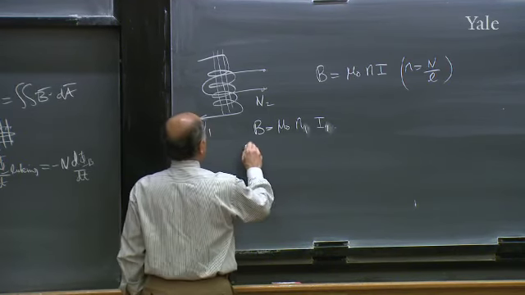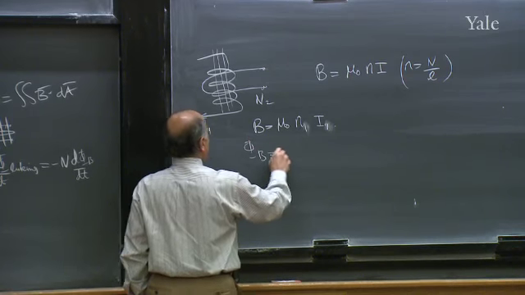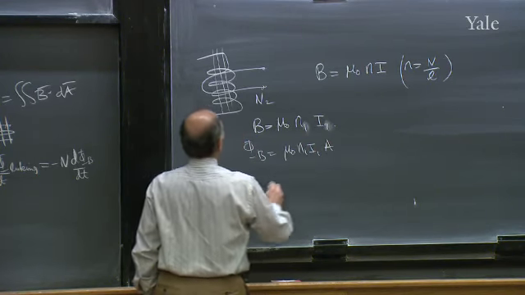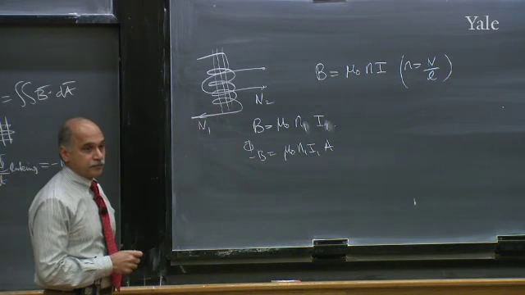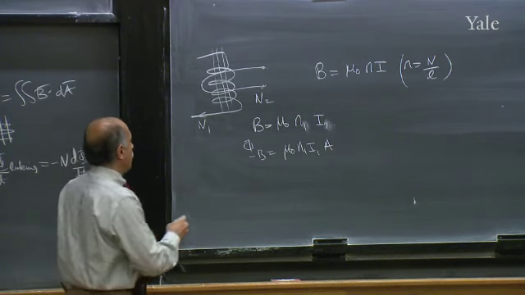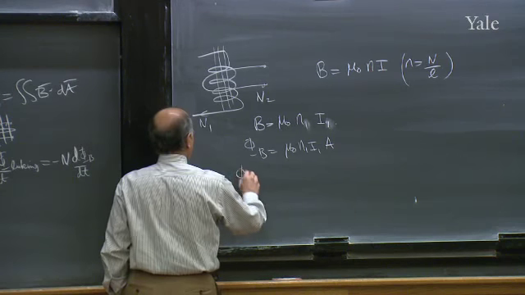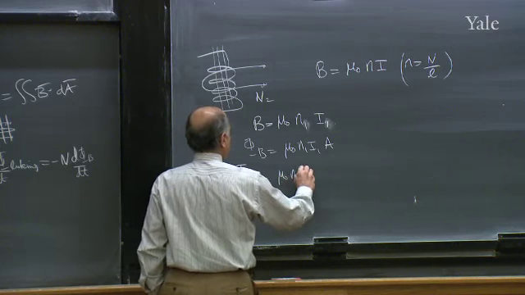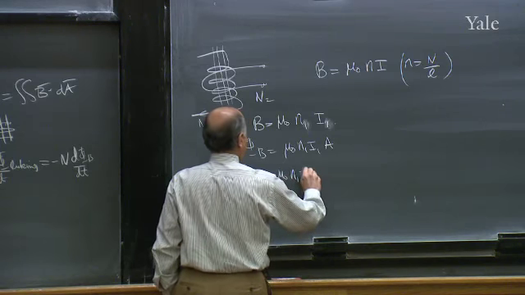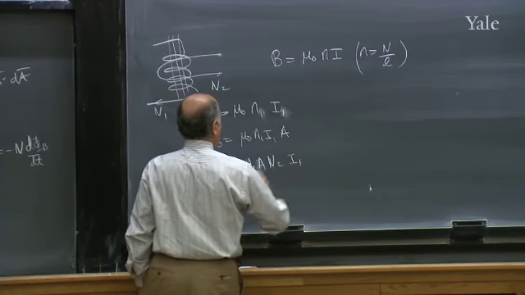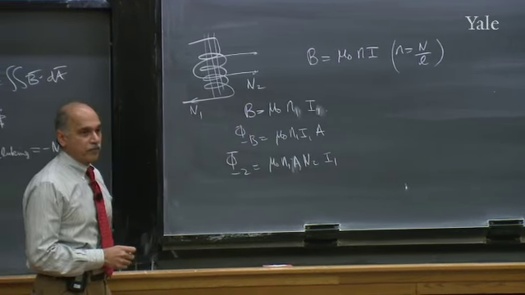And the flux of the magnetic field is mu0 N1 I1 times the cross-sectional area of the coil. Now the flux linking with the second one is equal to mu0 N1 A N2 times I1. You see that?